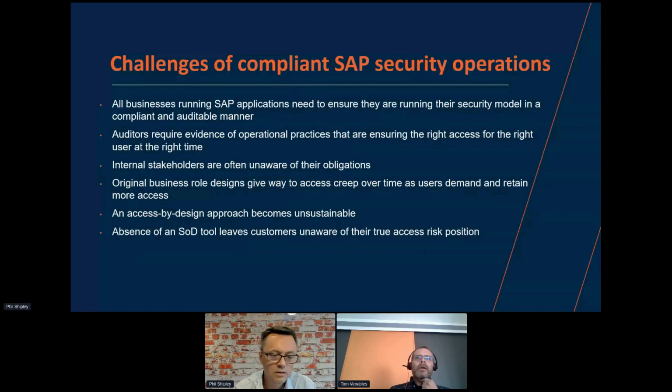Yeah, and on that one, do you see it as a risk ownership challenge? Yes, risk and ownership.